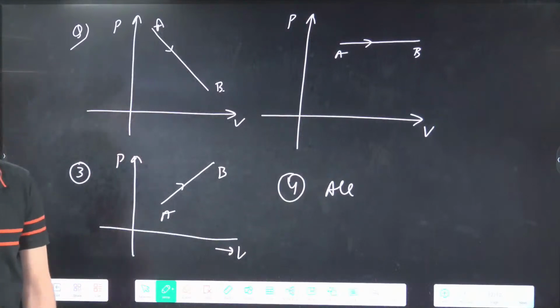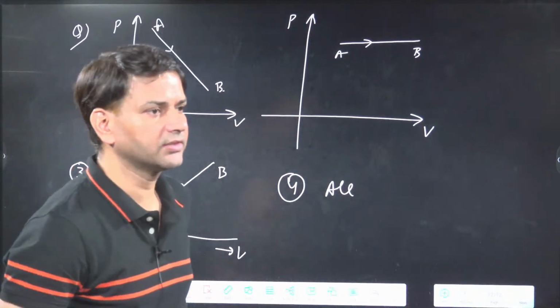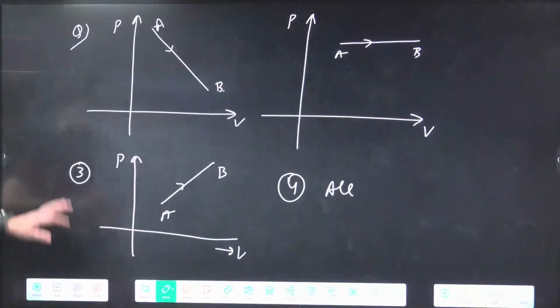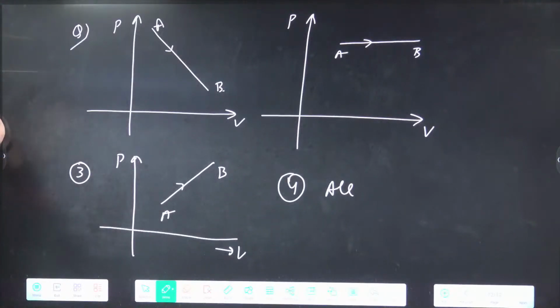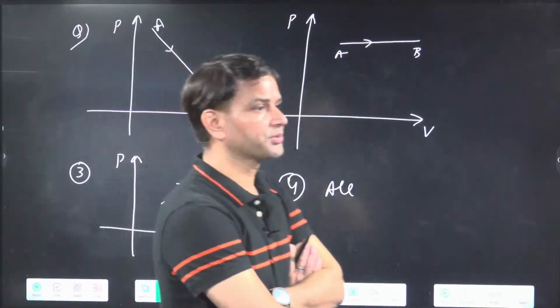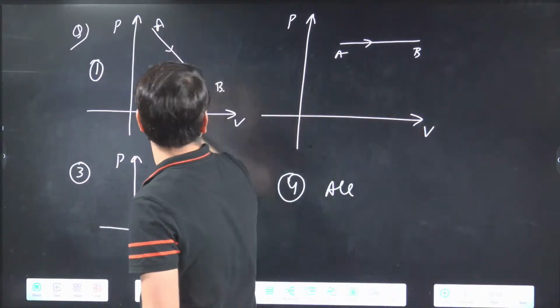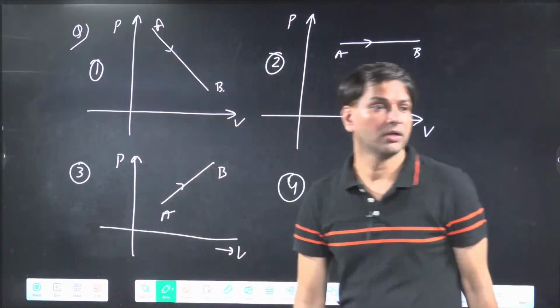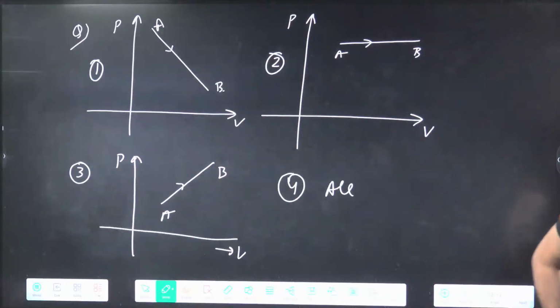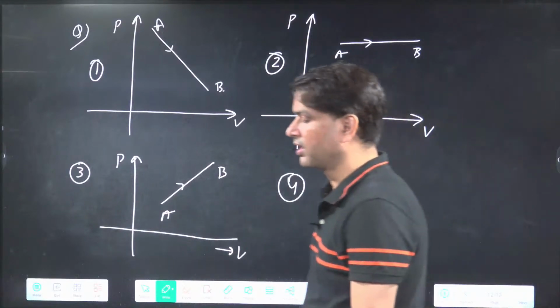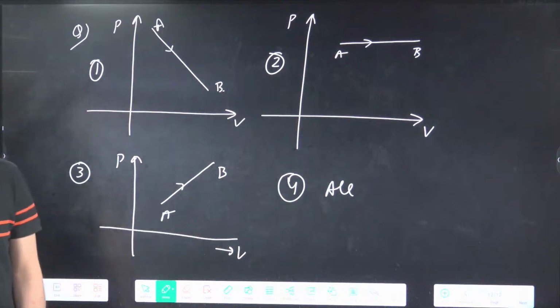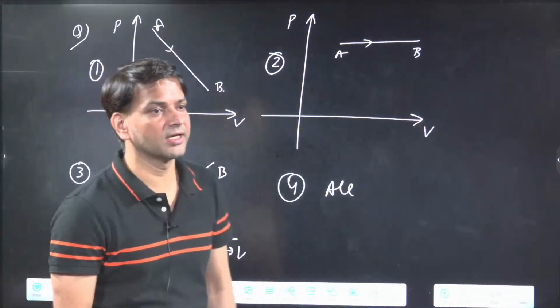In which case can we get the change in internal energy as zero? In which option may we get the change in internal energy as zero? In which process may we get the change in internal energy zero?